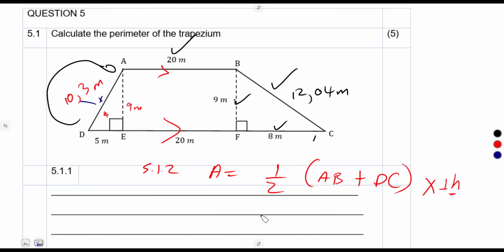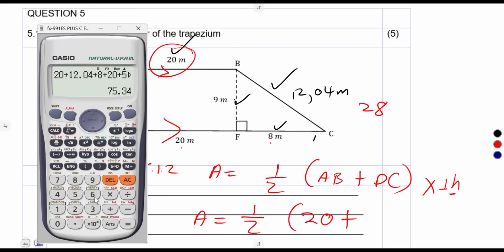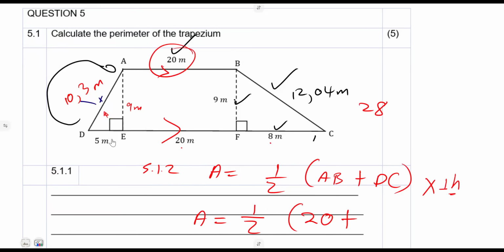All right, so let's find that one. The area is half of the sum of the lines which are parallel, AB, which is 20, plus D to C, we add. So it's 20 plus 8, which is 28. Then 28 plus 5, which is 33.